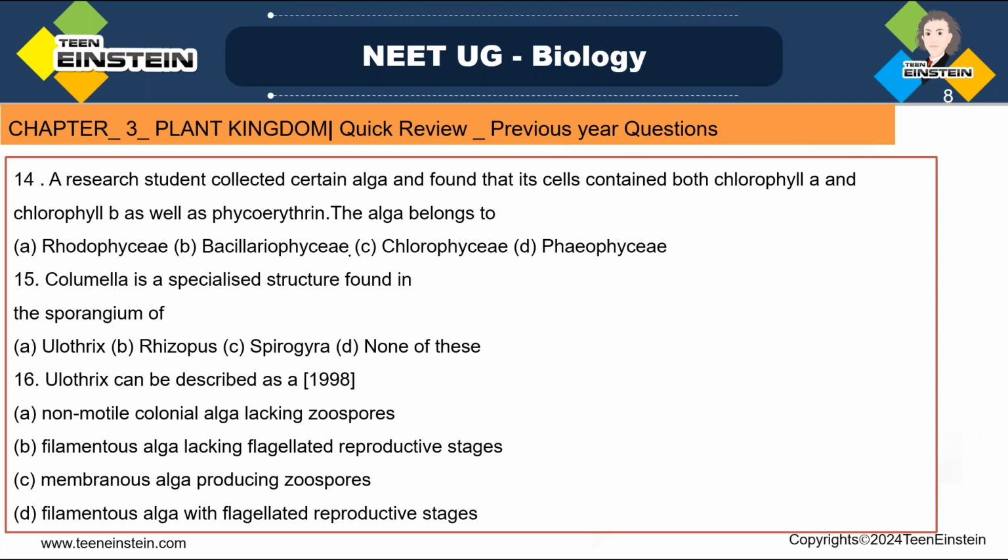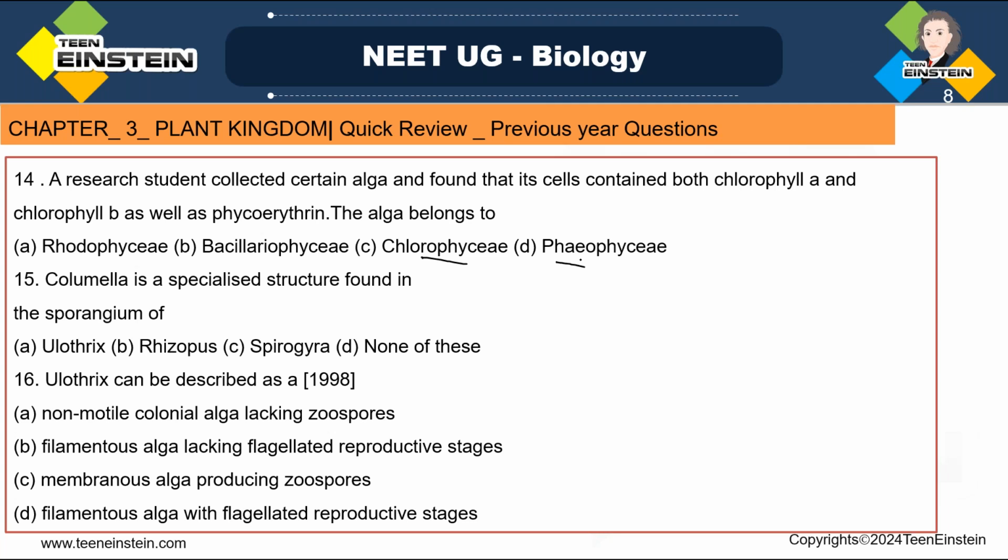In green algae, the photosynthetic pigments present are chlorophyll A and B, then carotenes and xanthophylls. All these are present in green algae, or chlorophyceae, right?